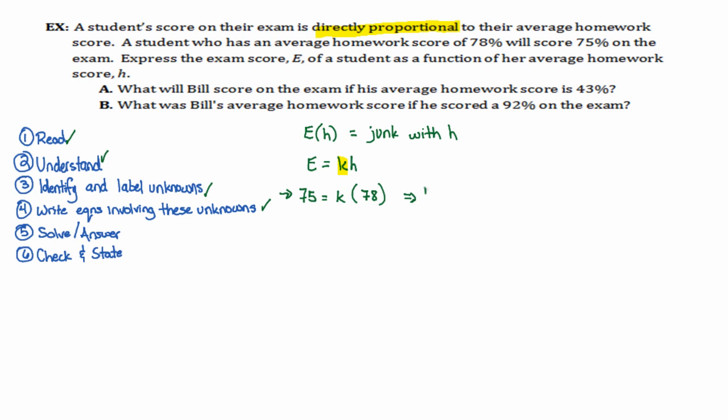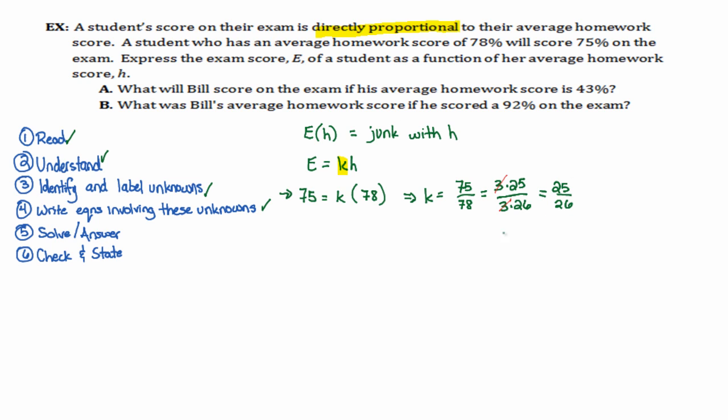So this will imply that K is equal to 75/78. Now, I do not think that reduces. Actually, it does reduce now that I'm looking at it. That's like 3 times 25 over 3 times 26. The 3's are common factors. 3 over 3 is just 1. So this is going to be 25/26.